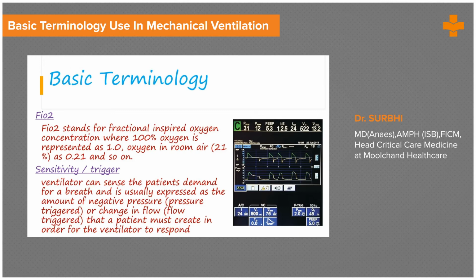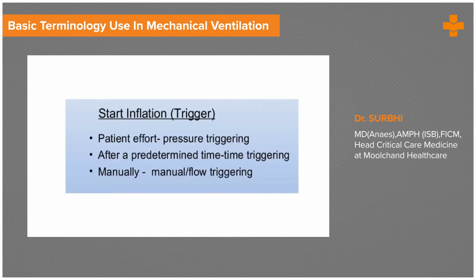So you have three components in a ventilator setting. You have something which starts the breath, which the ventilator recognizes. That's the trigger. There's something which stops the breath, that is the cycle, when the ventilator should stop the inflow of gases. And the last one is a limit. So we'll see all these things again. The start of the inflation is when the ventilator recognizes the patient is trying to trigger a breath. This can be patient effort, which is known as pressure triggering, when the patient draws in air and there is a change in the pressure in the airways.